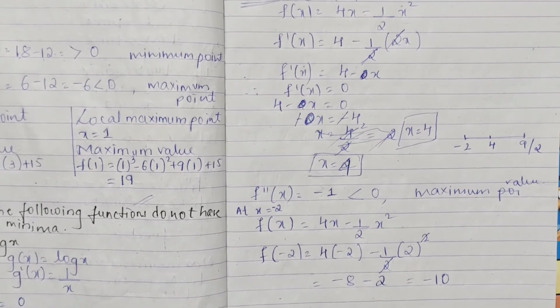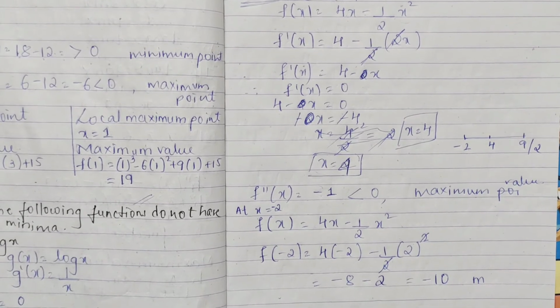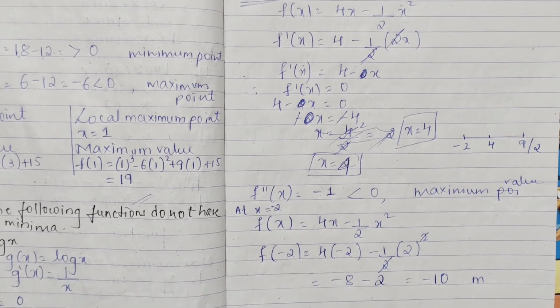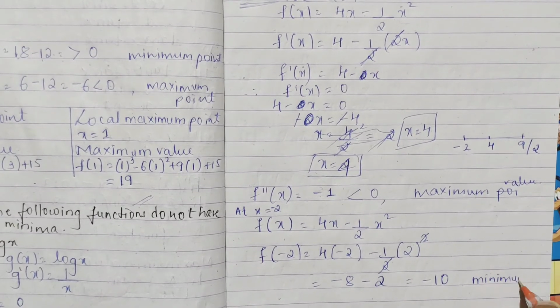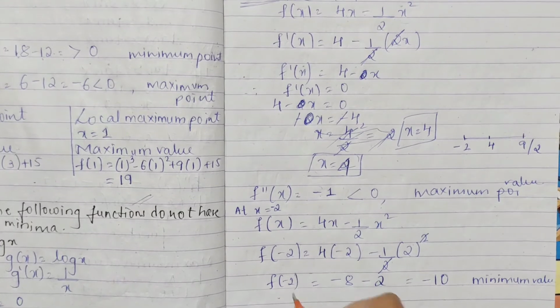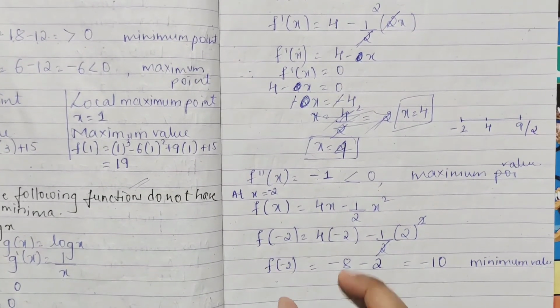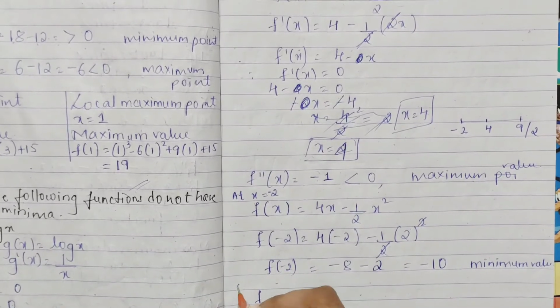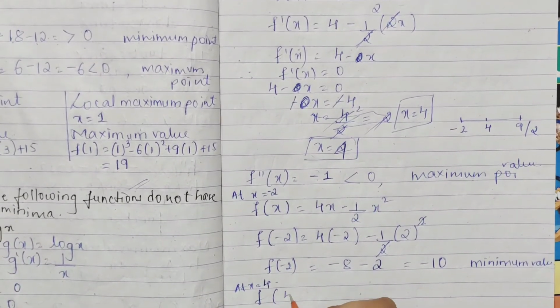Considering this, you can tell it is negative, meaning this is the minimum value. You are checking the signs from the first derivative, whether it is changing or not. Then at x is equal to 4, you check f of 4.